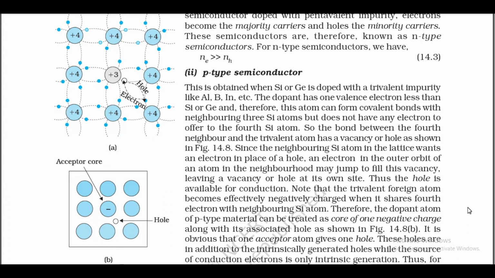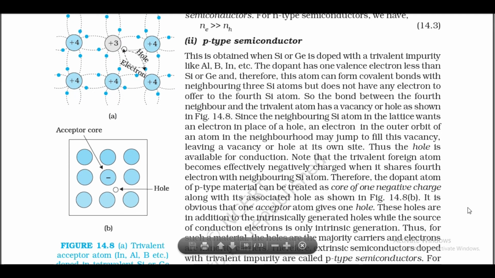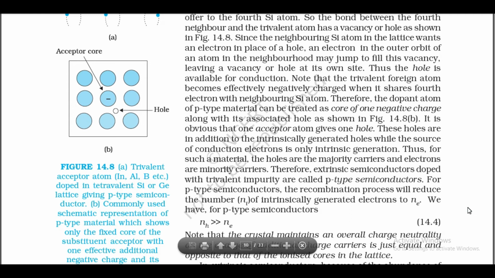Note that the trivalent foreign atom becomes effectively negatively charged when it shares the fourth electron with the neighboring Si atom. Therefore, the dopant atom of P-type material can be treated as a core of one negative charge along with its associated hole, as shown in figure 14.8b. It is obvious that one acceptor atom gives one hole. These holes are in addition to the intrinsically generated holes, while the source of conduction electrons is only intrinsic generation.